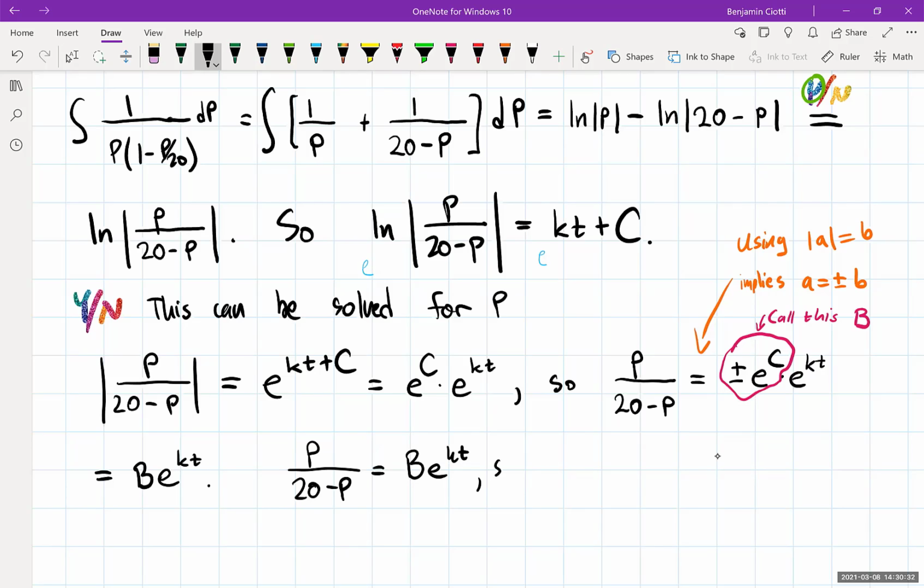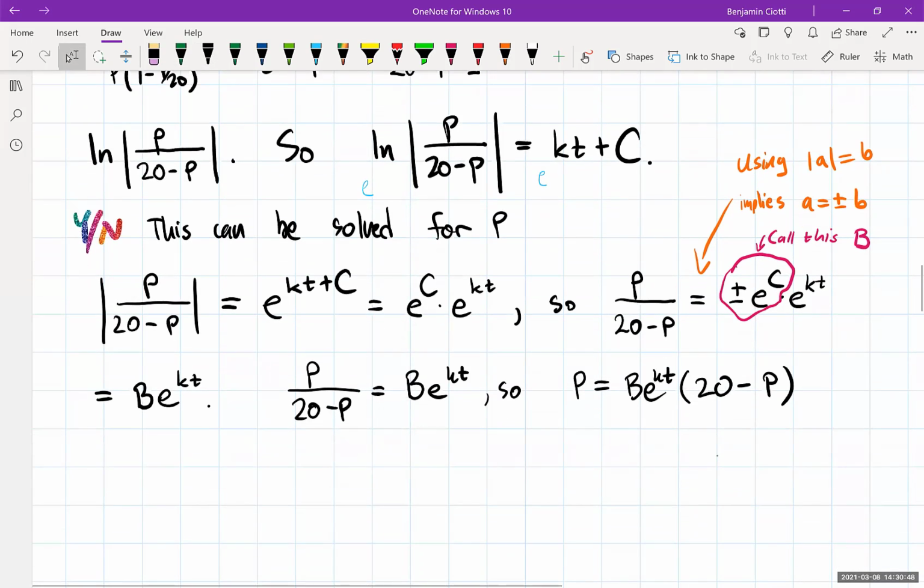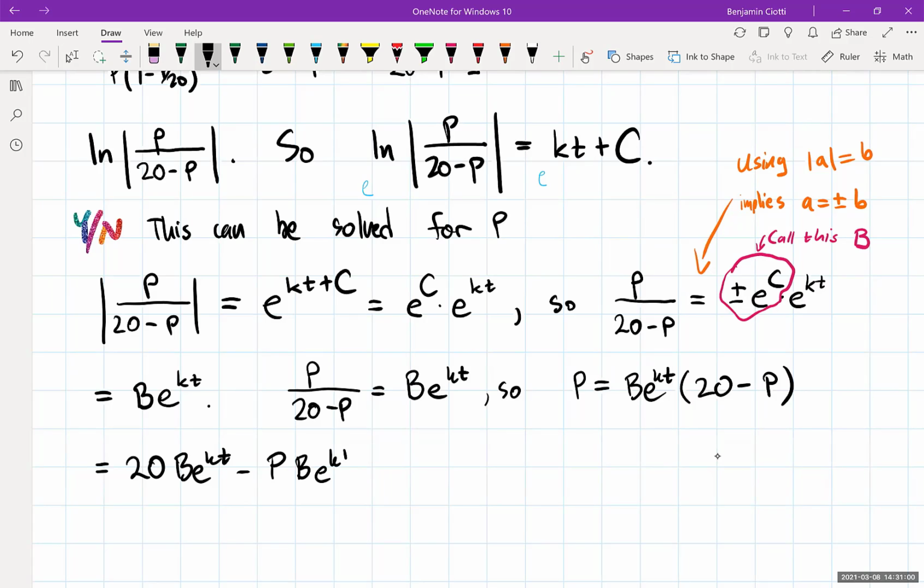Let me multiply both sides by 20 minus P. P is B e to the kt times 20 minus P, which is equal to 20 B e to the kt minus P B e to the kt.